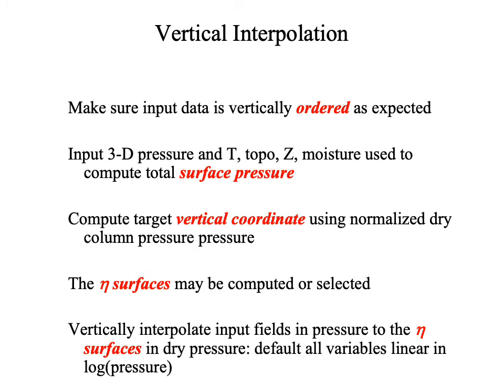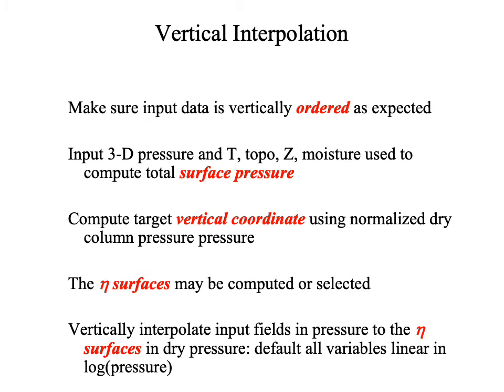Vertically ordered means that there's a check to make sure that the data is monotonically increasing or decreasing in pressure. And then when we do the vertical interpolation, a column is either flipped or not to make sure that it's in a decreasing order when we go into the interpolation routine.